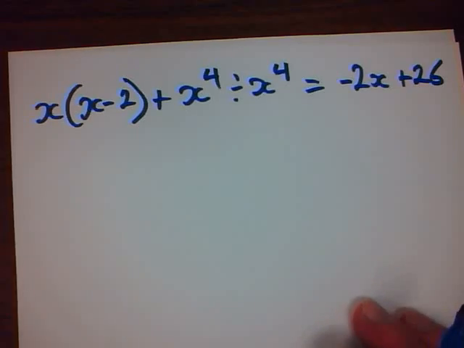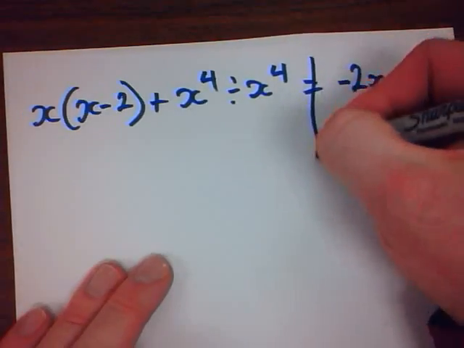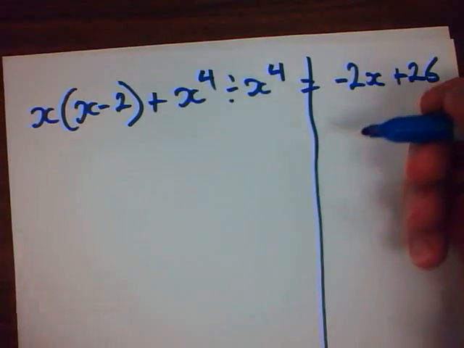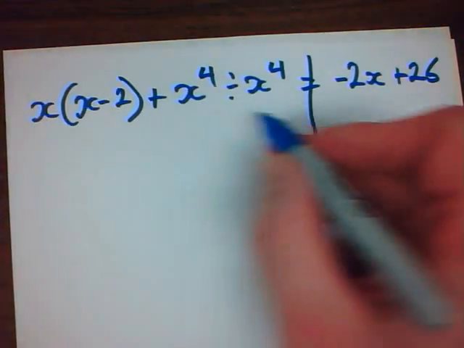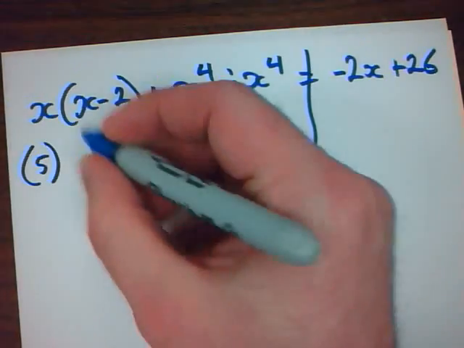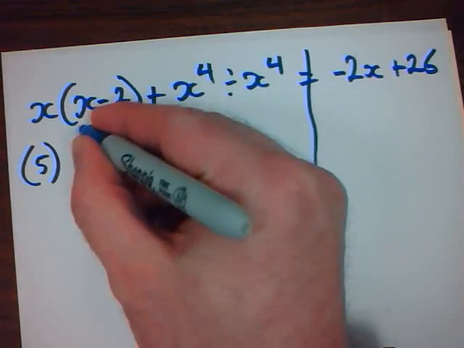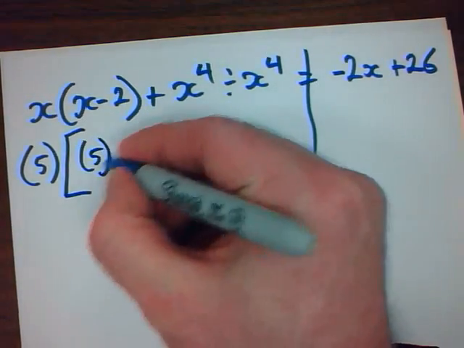And now I've got to take my answer, 5. I'm going to do left side, right side here. I'm going to replace all of the x's with 5. Now I'm replacing an x inside a set of brackets. That means I need to upgrade that set of brackets.